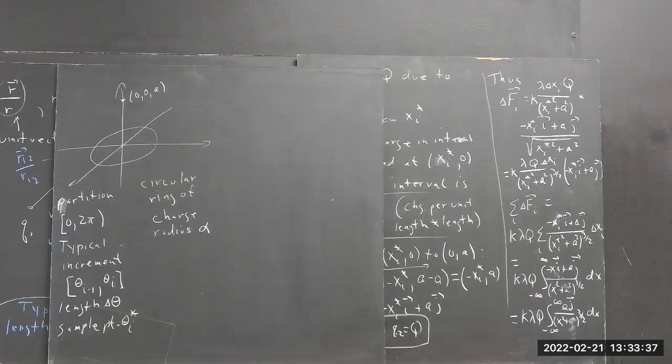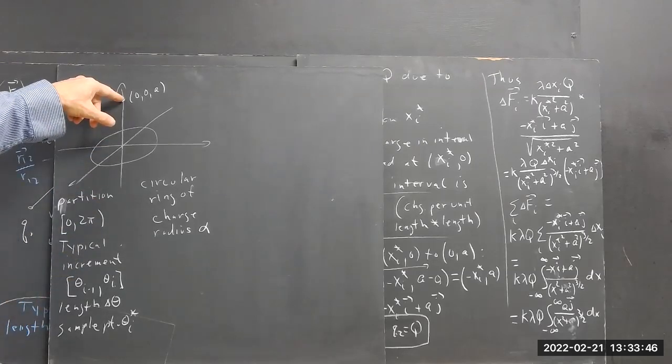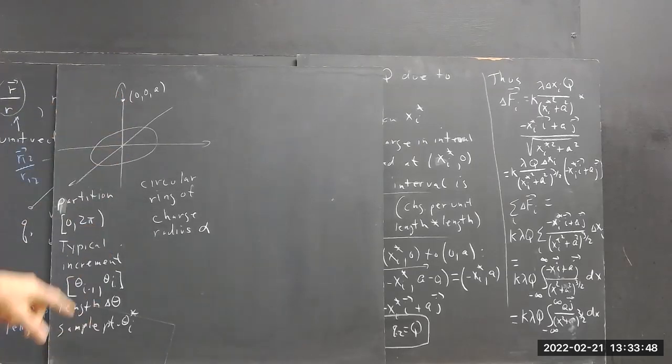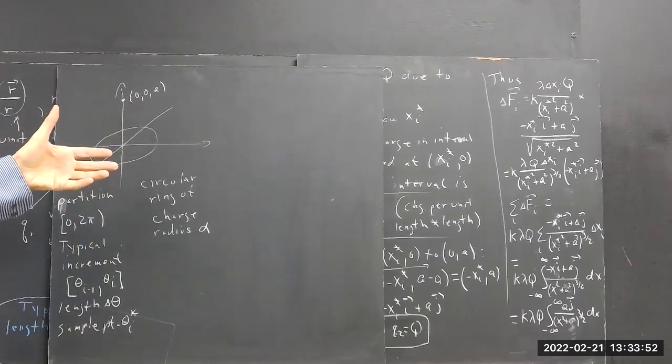So what can you tell me about the force corresponding to your typical theta increment? The force on this charge. What does the theta increment tell you about the interval on your ring?